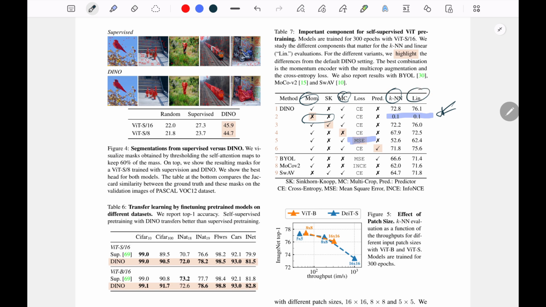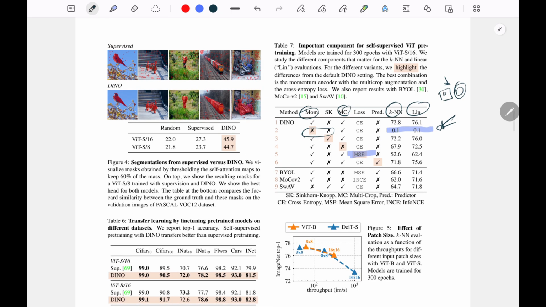After the training, you have a backbone and a head. They remove the head and use the backbone features and compute the cosine similarity between the test and train images, and that's how the KNN classification works. Linear probe is just adding a linear head on that and training it. But what they found is that if you remove the momentum and centering, it's actually losing too much.